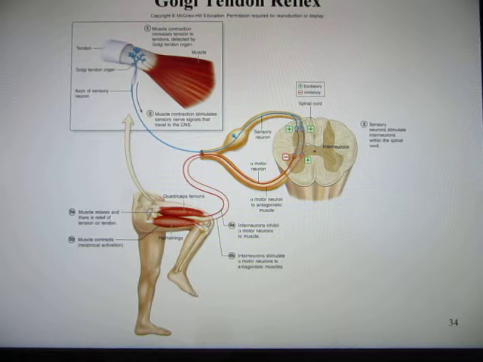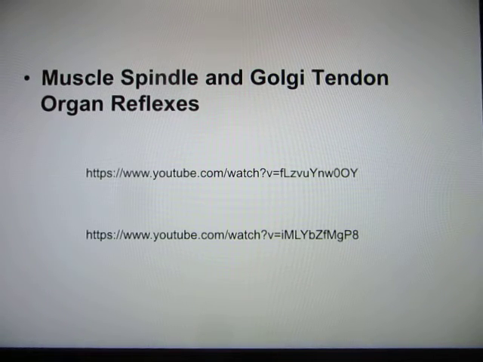They drop that heavy stuff, and that's due to the Golgi tendon reflex. Even though it looks very similar to the muscle spindle reflex, the function is totally different. The muscle spindle reflex asks the muscle to hang in there, to contract, and this one is a protective mechanism. So it asks the muscle to relax, and you can drop that stuff. These two videos show you the difference between the two.